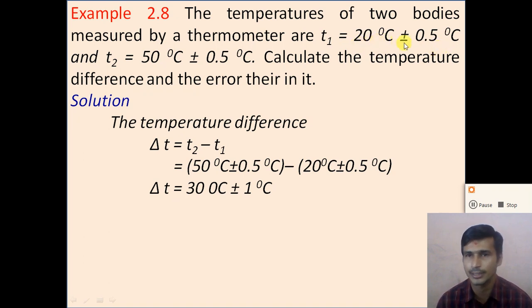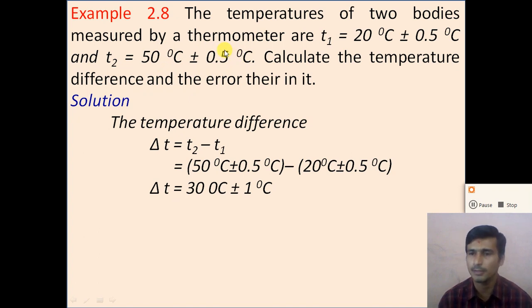So 20 degrees Celsius plus minus 0.5. So the error in measurement of the first temperature is 0.5 degrees Celsius. Similarly, the temperature of the other body T2 is equal to 50 degrees Celsius plus minus 0.5 degrees Celsius. So here the error in the second measurement is also 0.5 degrees Celsius.